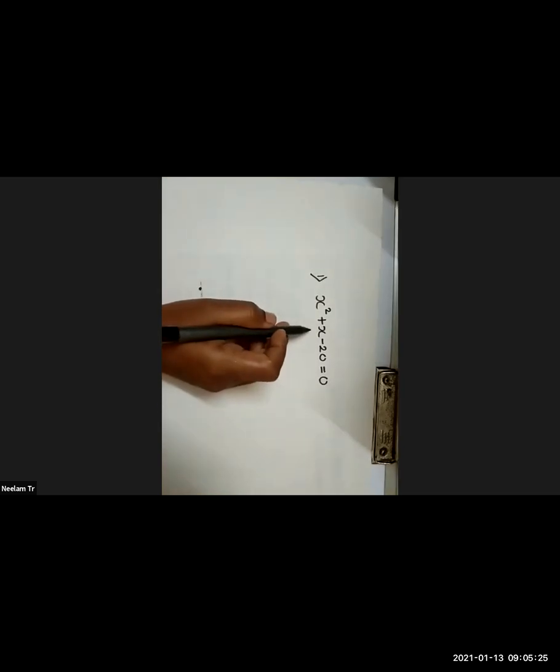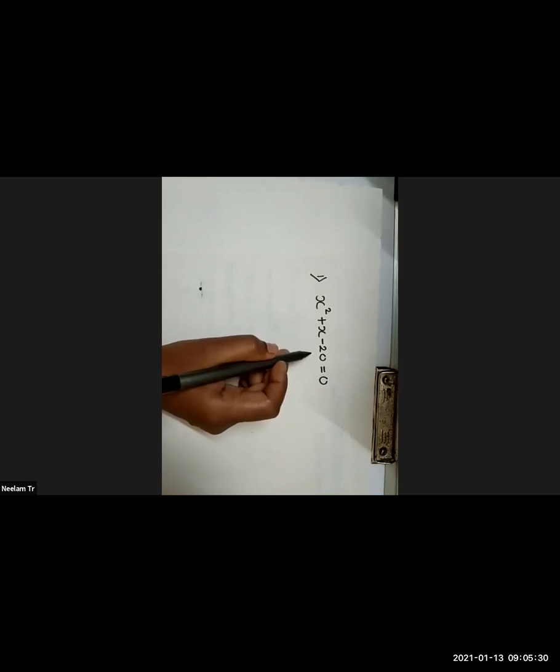Now you will say, ma'am, we can solve it by the factorization method. We'll get 2 factors of 20, that is 5 and 4, 5 minus 4 gives 1. Yes, I can solve it by the factorization method.